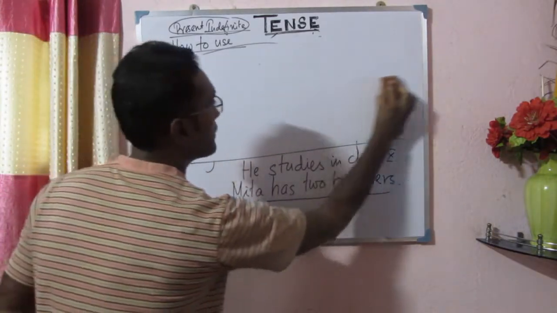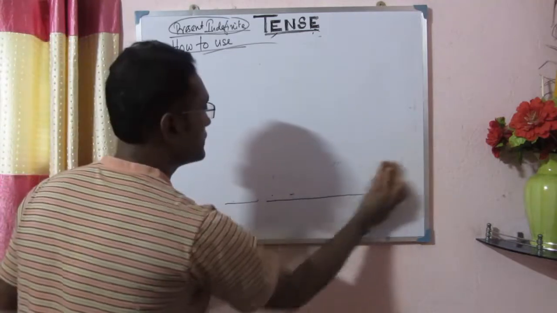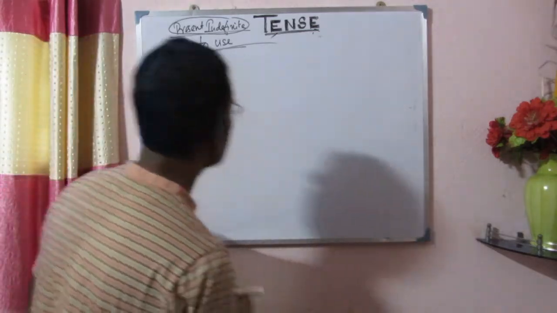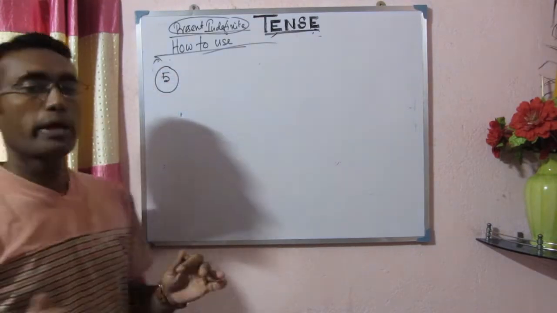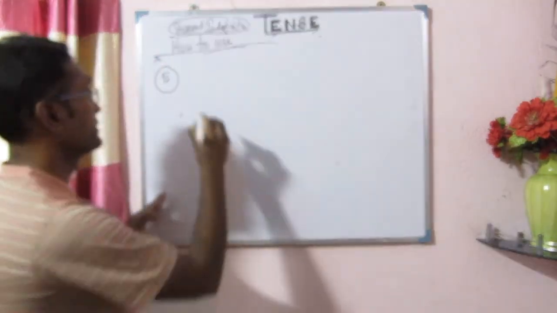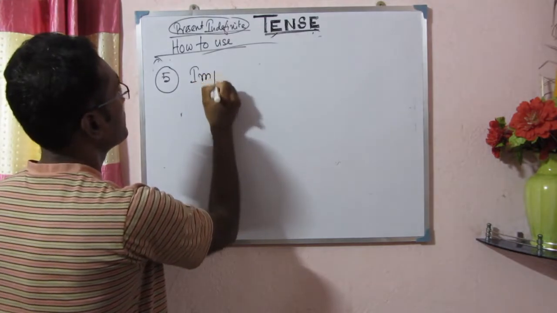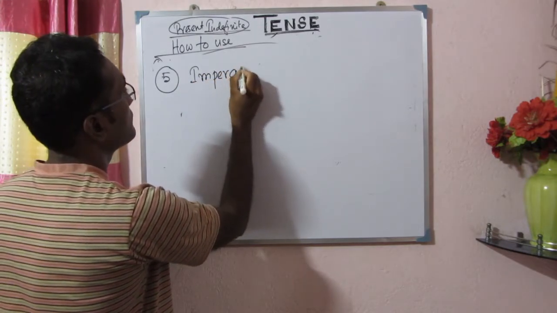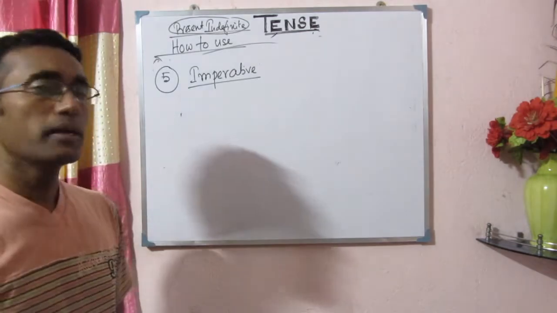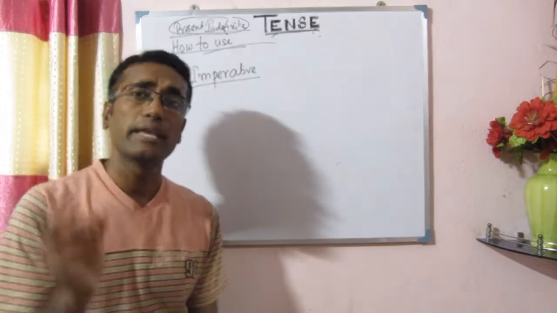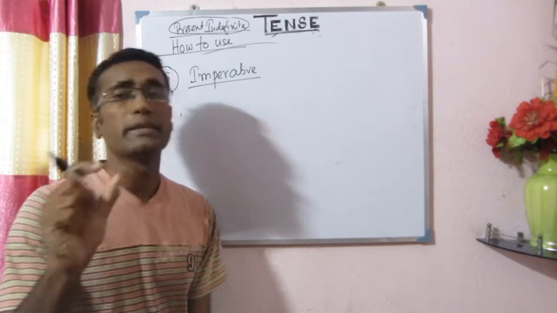Number five is the imperative sentence. When you are using an imperative sentence, then you have to use present indefinite tense.